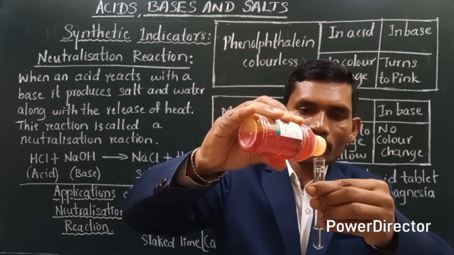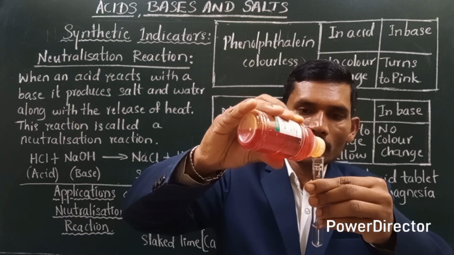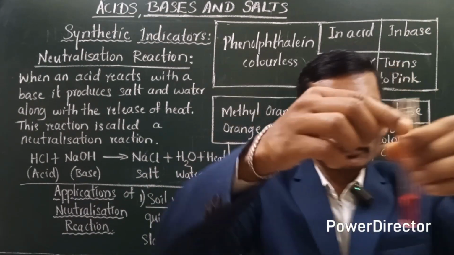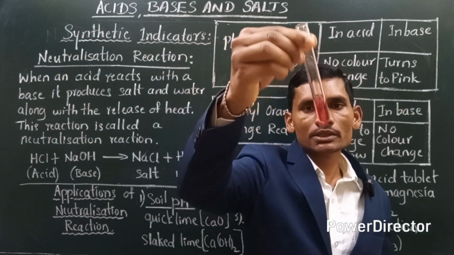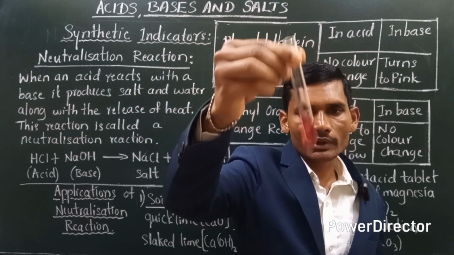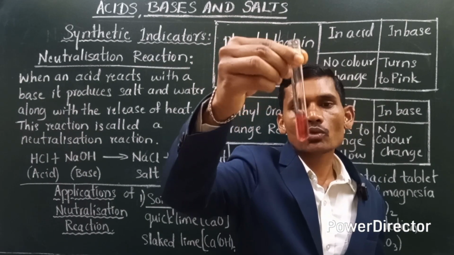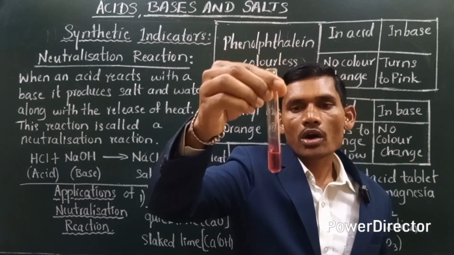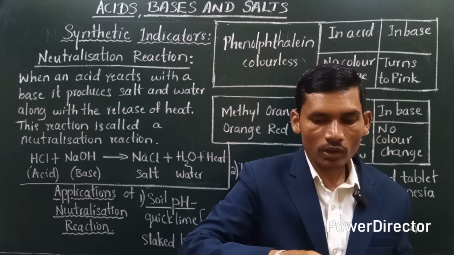If you put one drop, you can see it is changing to orange red color. When acid is added, this indicator gives orange red color in the presence of acid. Methyl orange.